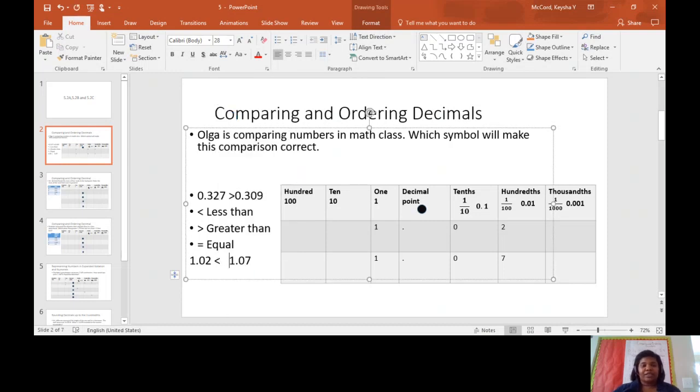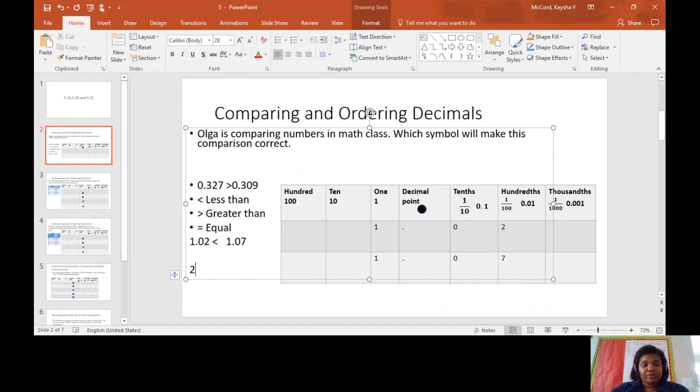Okay. Let's try one more example. Another number that Olga compared was the following. Okay, so Olga compared 2 and 3 tenths and 2 and 305 thousandths.